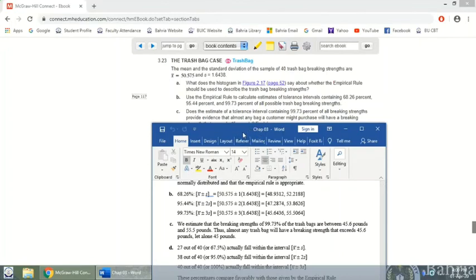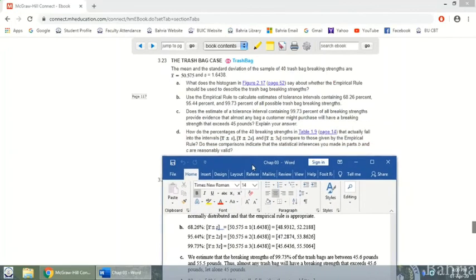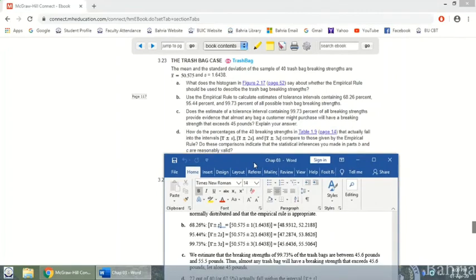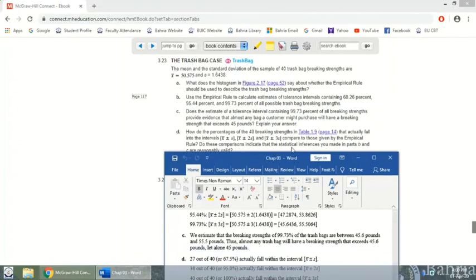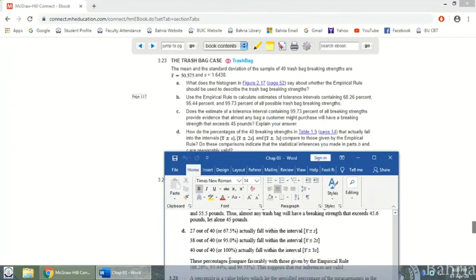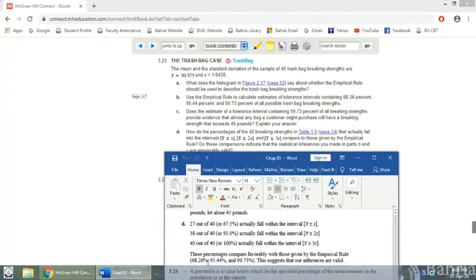So this part asks us to calculate with the intervals of when this is 68, and automatically you can find out the next is around 95, and then that is 99.7. Then simply take out how many of the total 40 values given in that table actually fall in this interval.